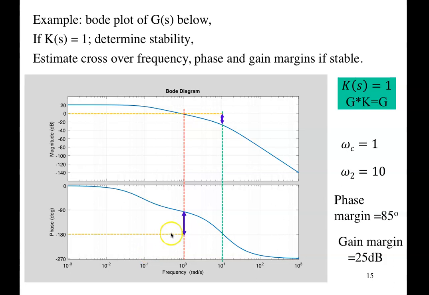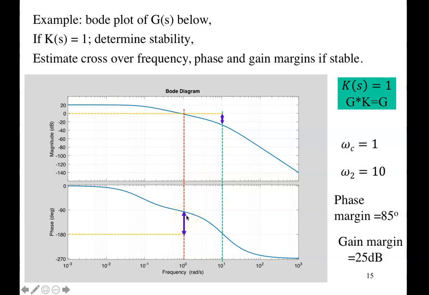Okay, and therefore the distance from that point there in the blue line to minus 180 degrees is 85. Therefore, your phase margin is 85 degrees. Okay, phase margin is represented by an angle. So that's 85 degrees. That's my second parameter, what I wanted to find, the phase margin.